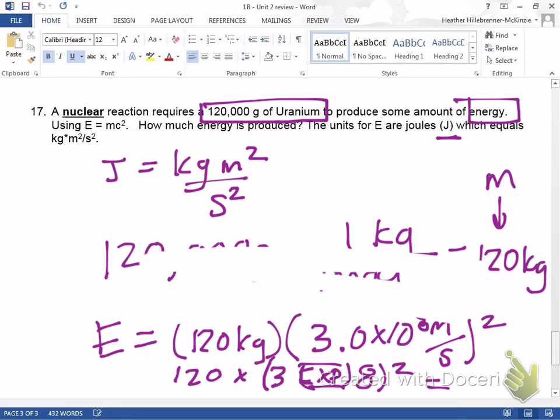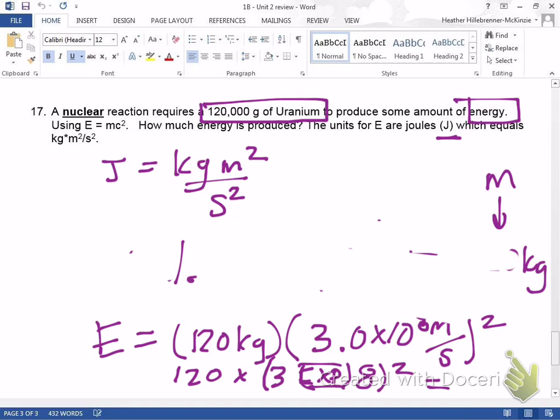All right, so what did you guys get for an answer? Okay, so 1.08 times 10 to the 19 joules, or kilograms meters squared over seconds squared, either way. So tell me this, what about sig figs? How many sig figs can we have?